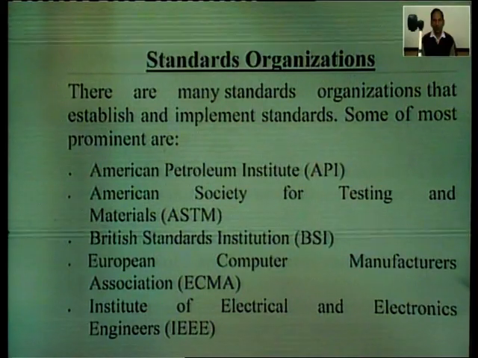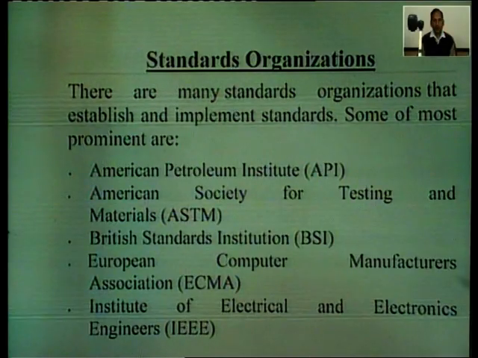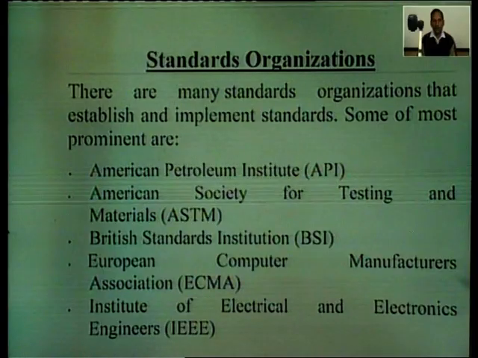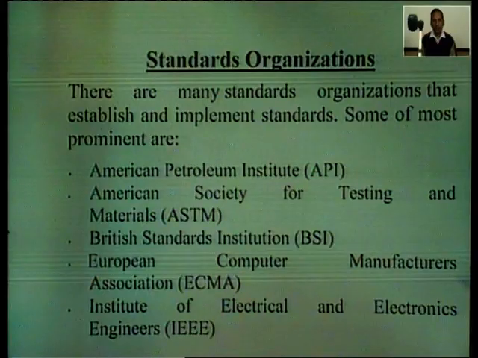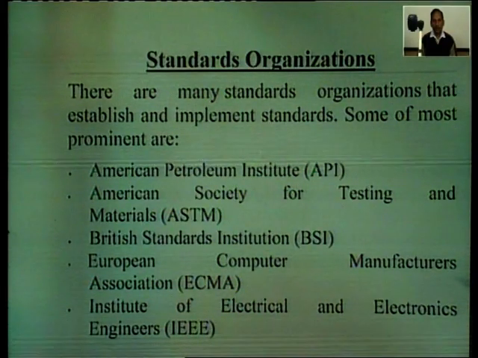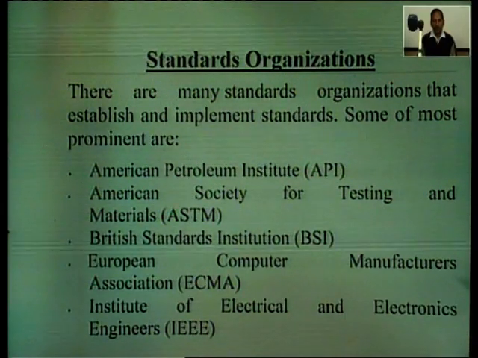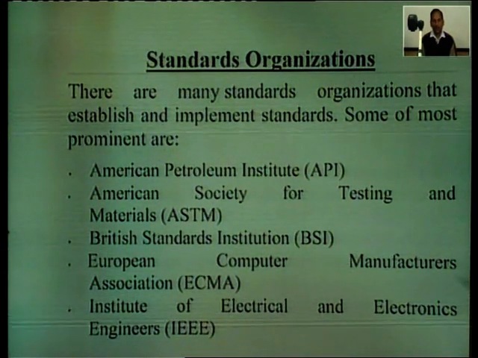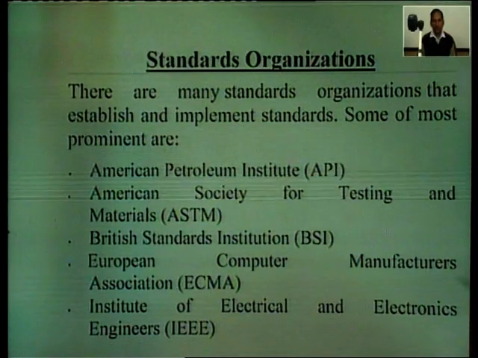Some of the most prominent are the American Petroleum Institute, shortly named API, American Society for Testing and Materials, shortly named ASTM, British Standards Institution, shortly named BSI, European Computer Manufacturers Association, shortly named ECMA. Similarly, Institute of Electrical and Electronics Engineers, shortly named IEEE.